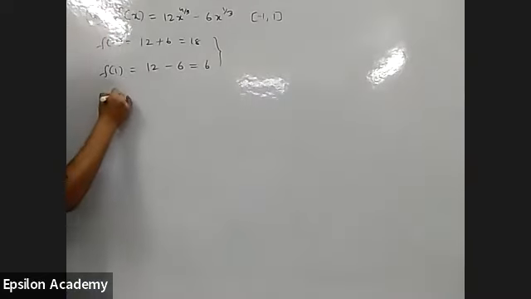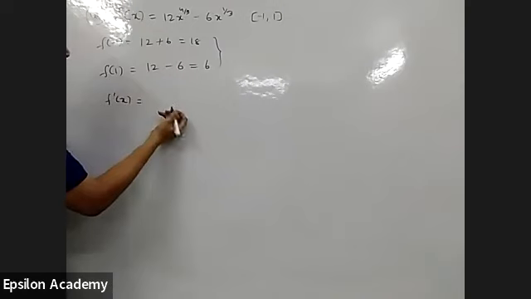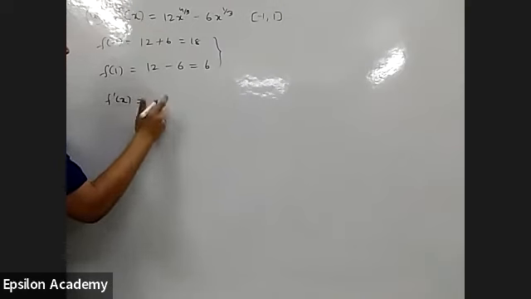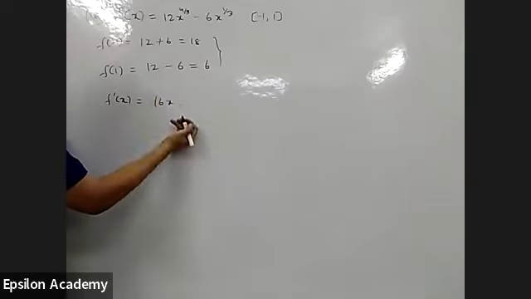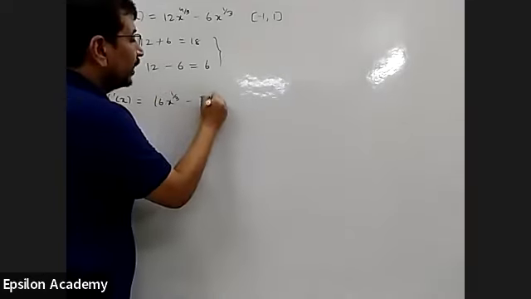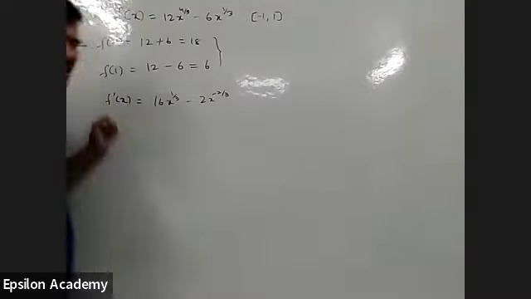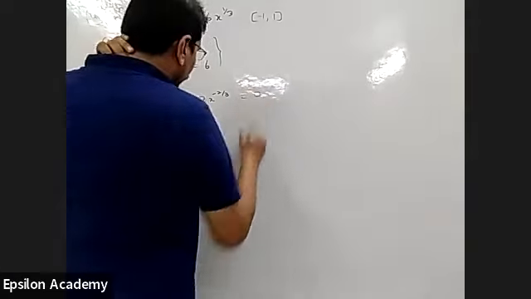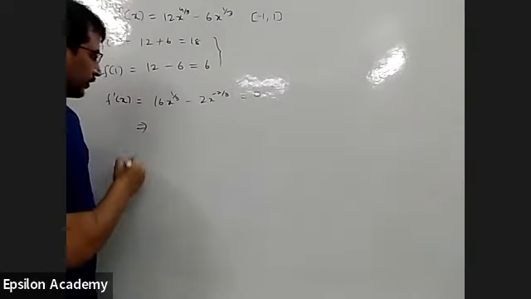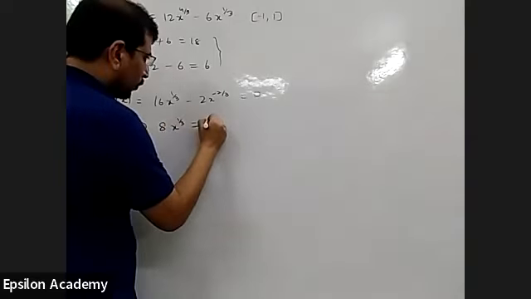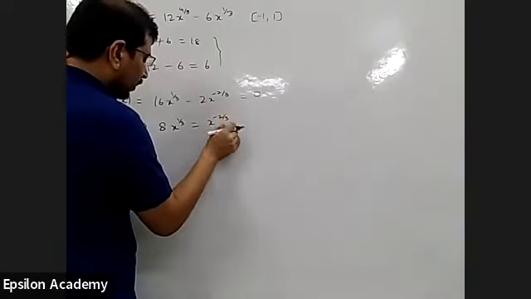What is f dash of x? It is 16 x power 1 by 3 minus 2x power minus 2 by 3. This should be equal to 0, which implies 8 into x power 1 by 3 is equal to x power minus 2 by 3.